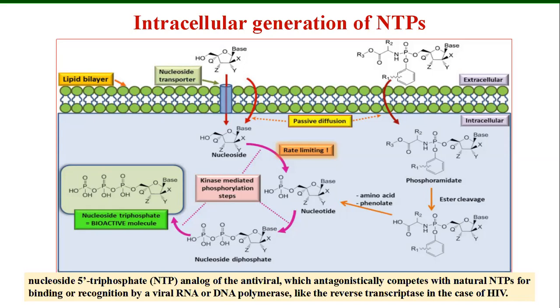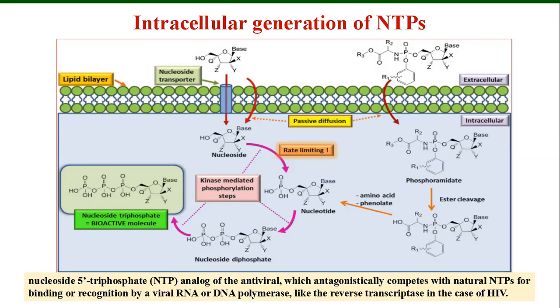These nucleoside triphosphates function as the bioactive molecule. These are nothing but nucleotides. There is a competitive inhibition between this synthesized nucleotide, the bioactive molecule, and the native nucleotide. This nucleotide will bind with the RNA polymerase, DNA polymerase, or reverse transcriptase, and then stop the elongation of the DNA or RNA.